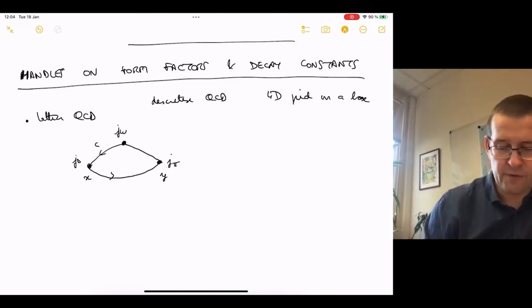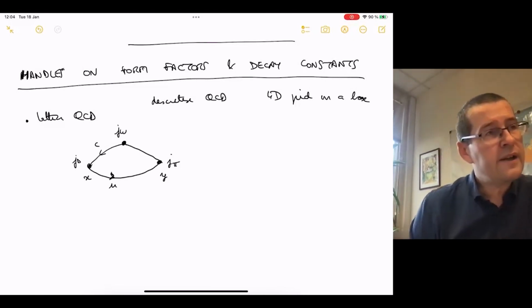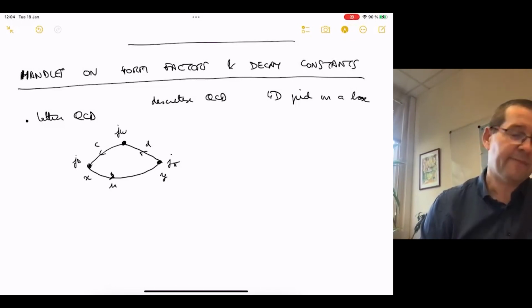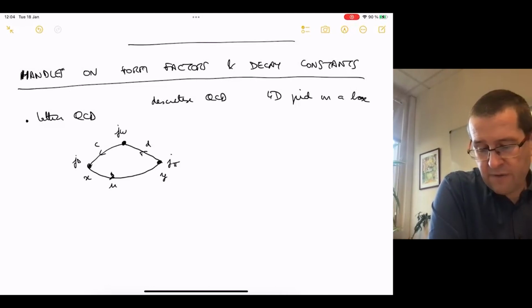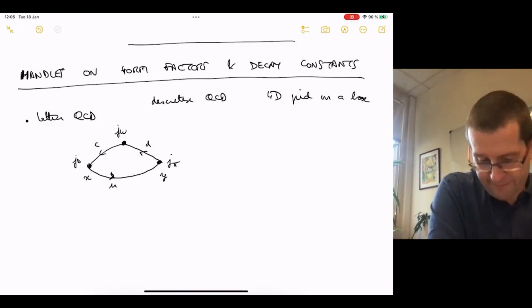So for instance, you put something which has the quantum numbers to be related to a D meson, then you put somewhere else a current that has the quantum numbers to couple to a pion, and then you put somewhere the operator or the bilinear that is of interest for the transition.